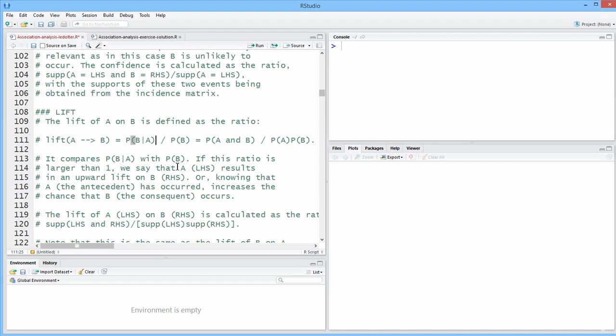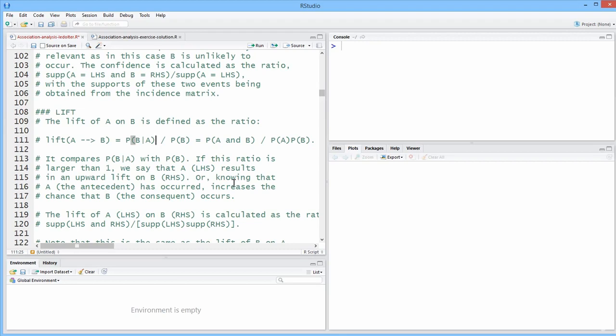A lift of 1 means that the association of buying B given that they bought A is no greater than just the probability of them buying B. Said a different way, you get no more information about them purchasing B given that they bought A compared to just transactions where they bought B. If the ratio, the conditional probability of B given they bought A divided by the probability of B, is 1, that's a lift of 1.